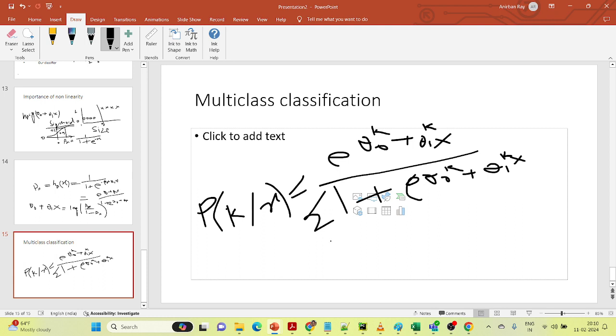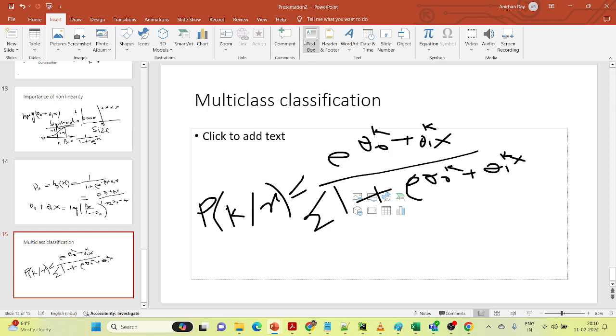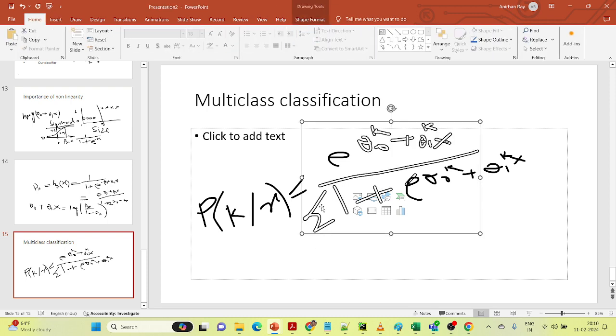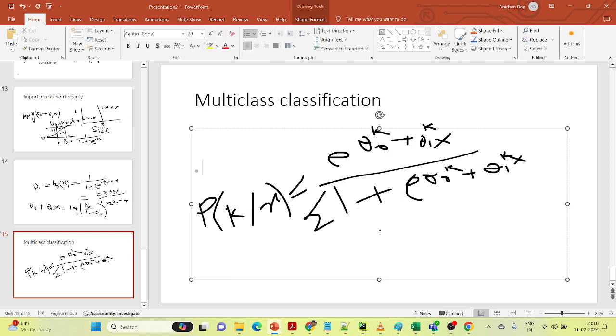This function is called a softmax function.